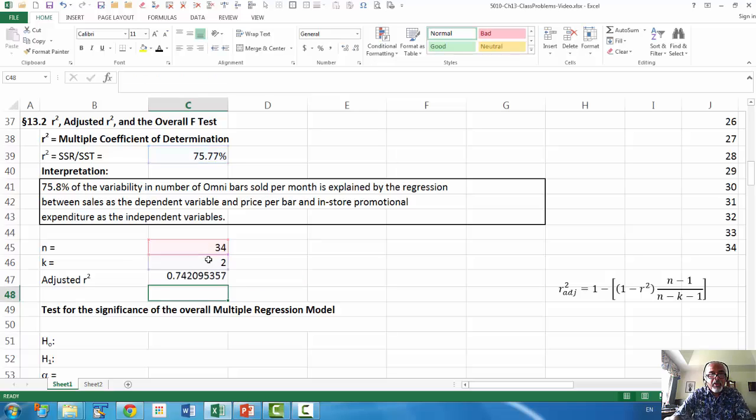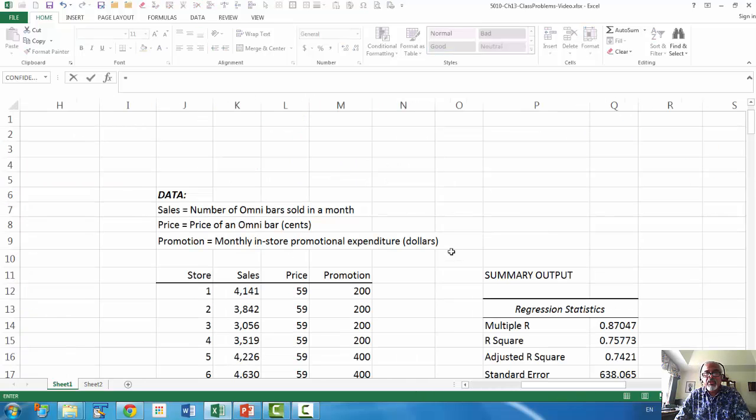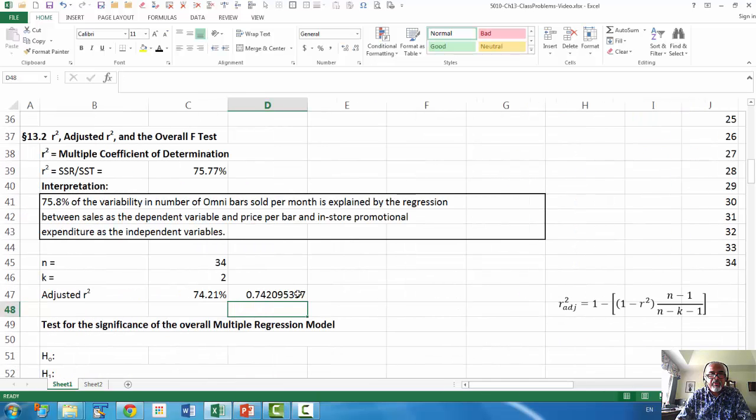That's the adjusted R squared, and it's equal to the adjusted R squared Excel generates, which is that one. And you see it's the same number.